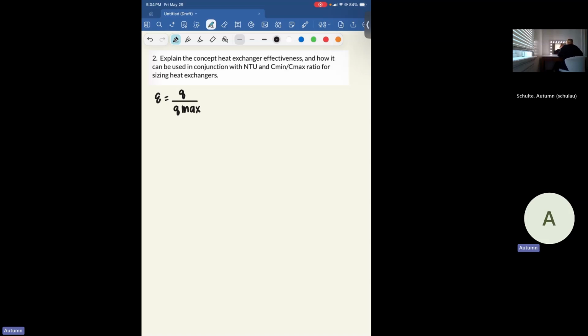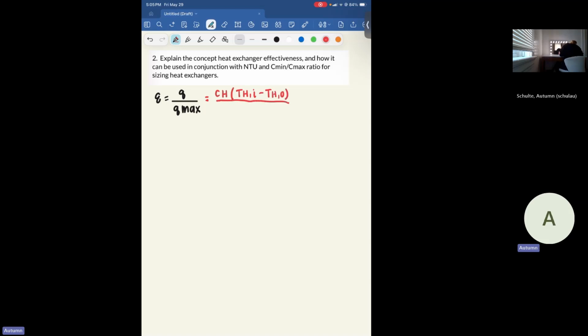So now if we want to talk about cooling a hot stream, this relationship is going to look like the mass flow rate heat capacity of our hot stream multiplied by the hot temperature going in, so the inlet temperature of our hot stream, minus the temperature of our hot stream leaving.